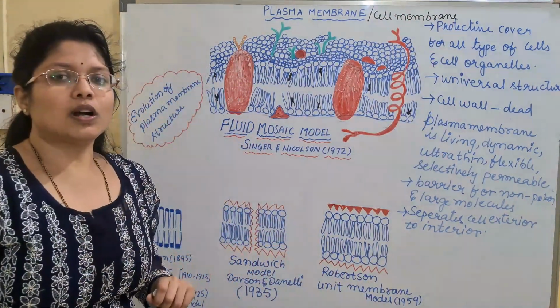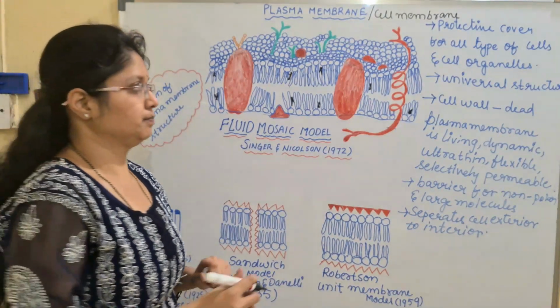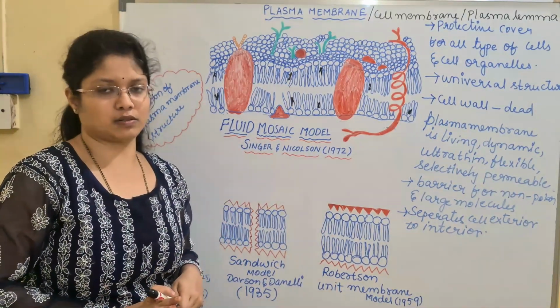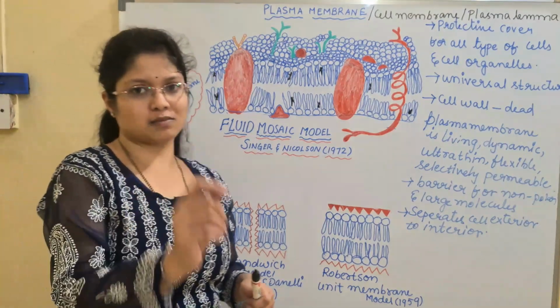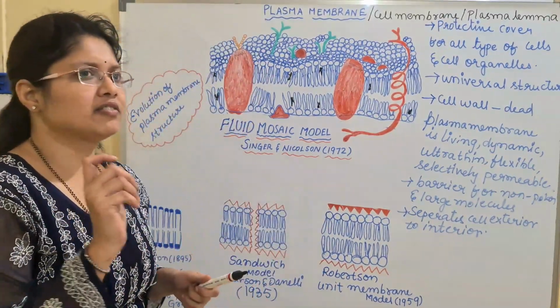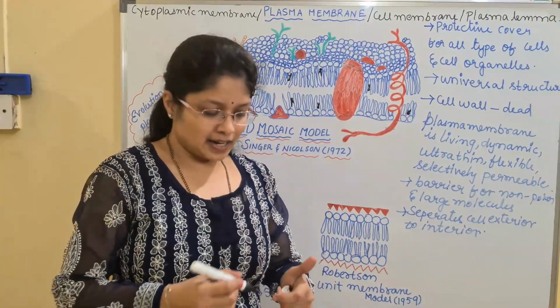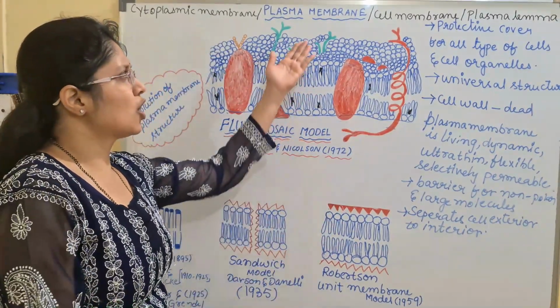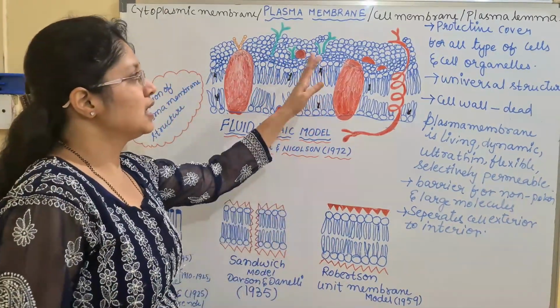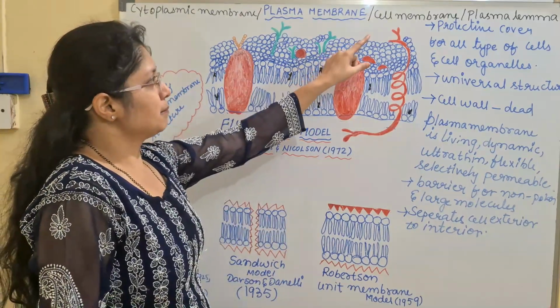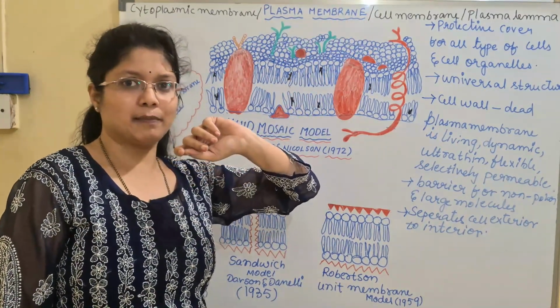It is also called plasmalemma, and another term used is cytoplasmic membrane. These are synonyms for the plasma membrane, children. Generally, cell membrane and plasma membrane are mainly used.